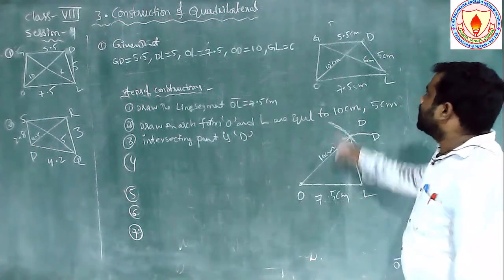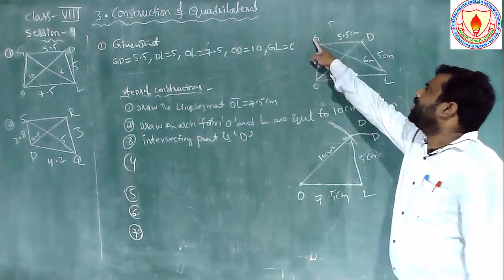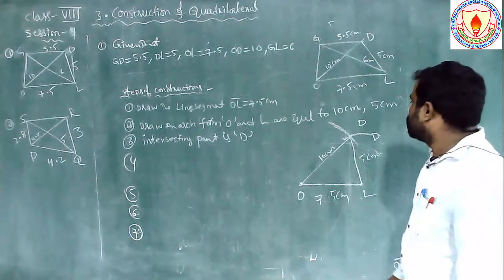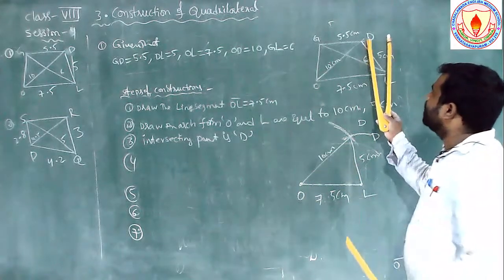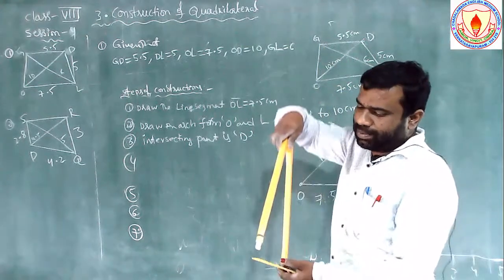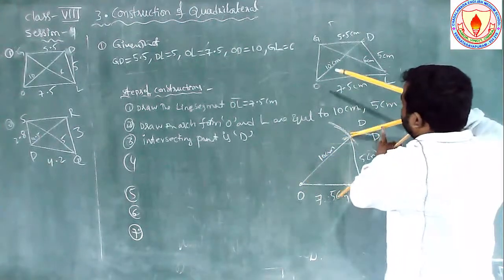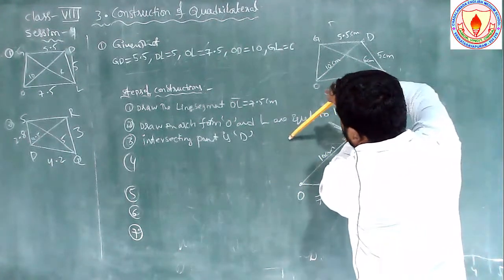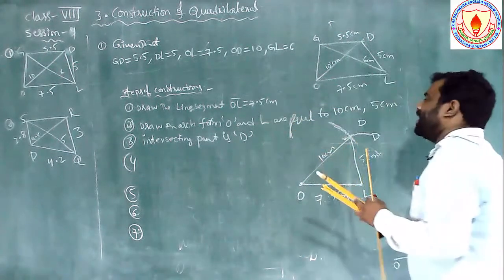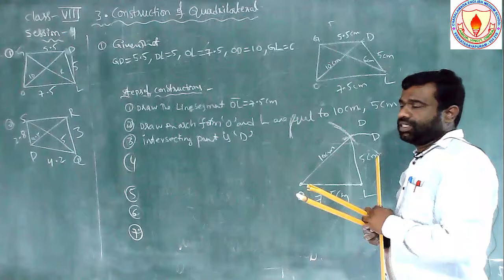Same from L to G and D to G with 6 centimeters and 5.5 centimeters. So from D take 5.5 centimeters on the scale and draw an arc to G. One point G is there.